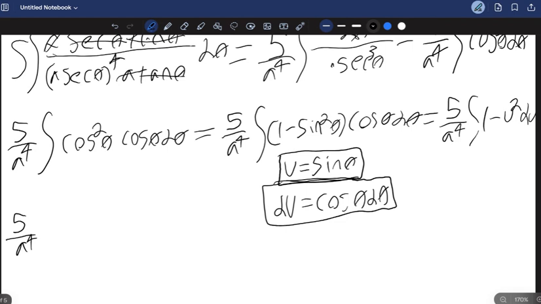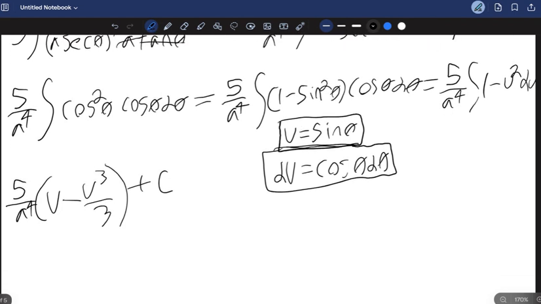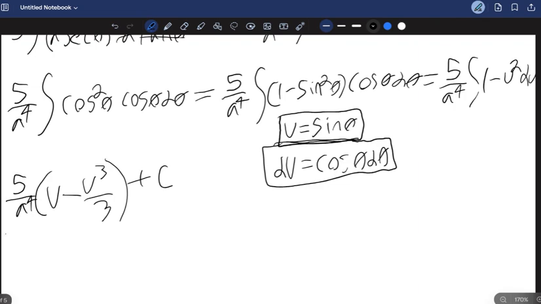I messed this up before too. It's u. So we'll have u minus 1/3 u cubed, u cubed over 3. And now we replace those u's with sine theta.